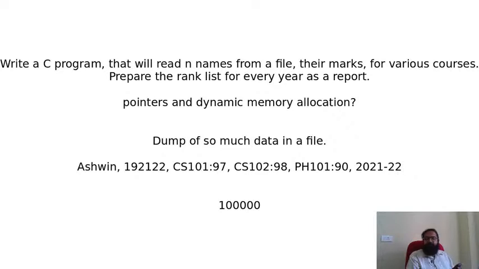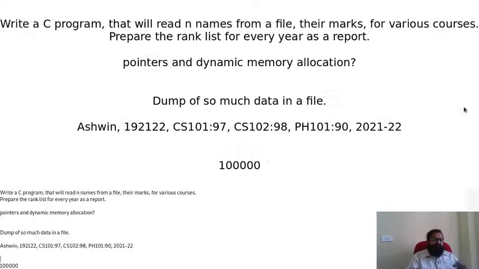So you know that from this particular data that you will be reading, you have 2021-22 as the batch for that particular student, or which year did that exam happen. Okay, that information is there. So now you have to segregate.